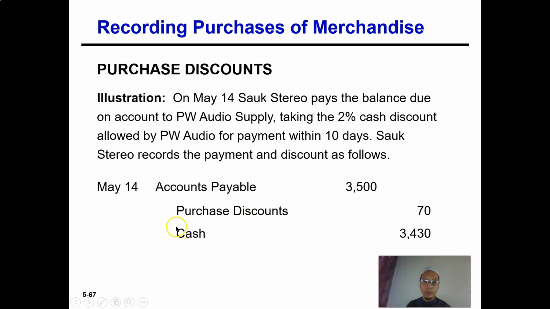And so we create a separate account called purchase discount to put our discount amount. Whereas in the perpetual system, here we will put the inventory account. Okay, we will summarize the difference between these two inventory systems.